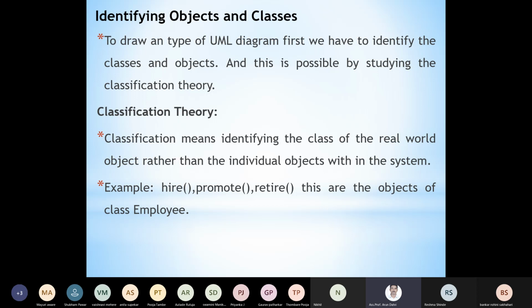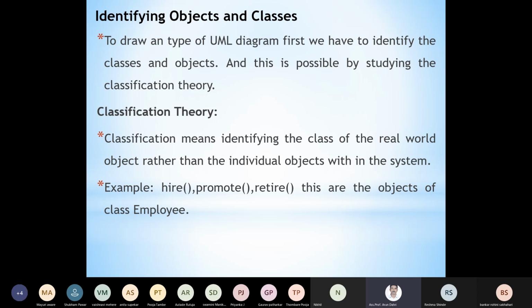Based on user needs or user requirements, we have to identify the classes and objects. For that we have to use some classification theory. What is classification? Here we have to classify the classes based on user requirements. Classification means identifying the class of real world objects rather than individual objects within the system.